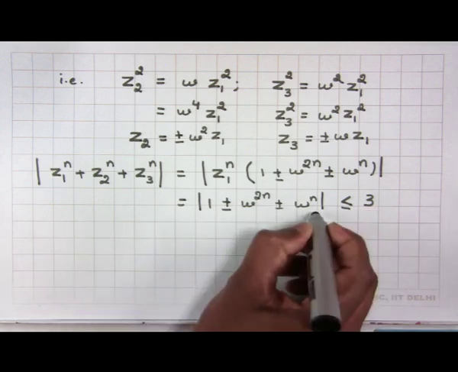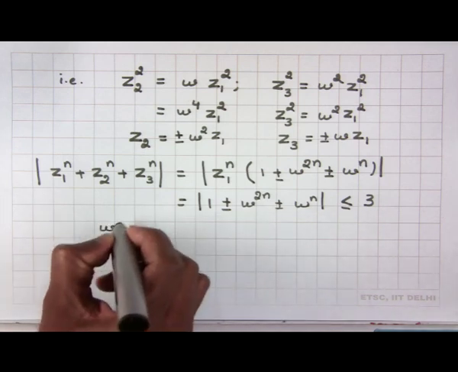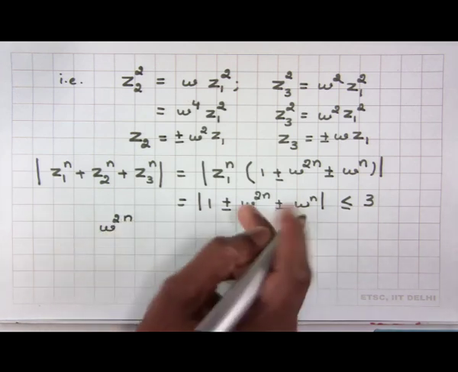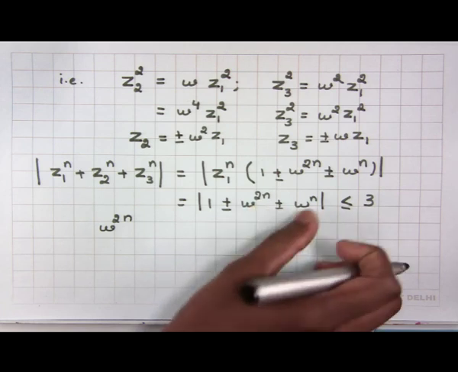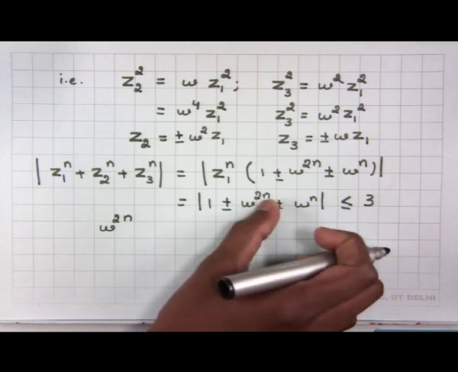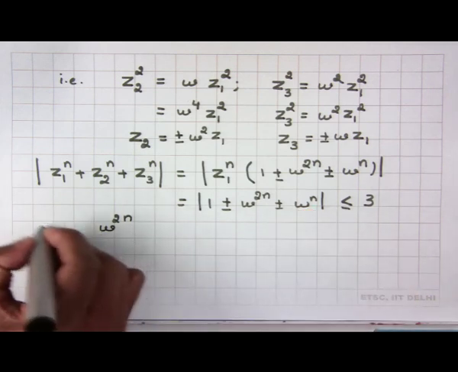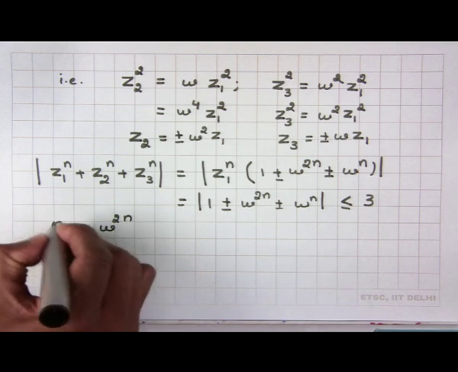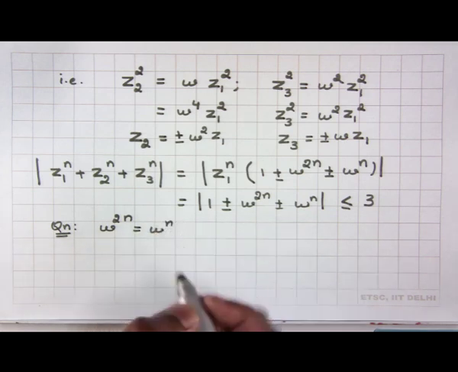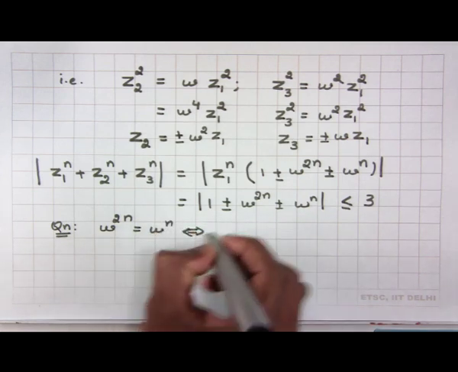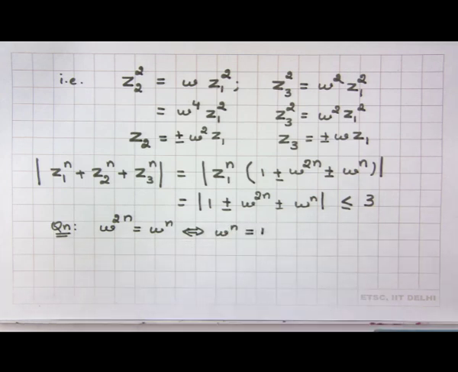So, this can be easily realized, because omega power 2n will be equal to omega power n only when omega power n is 1.